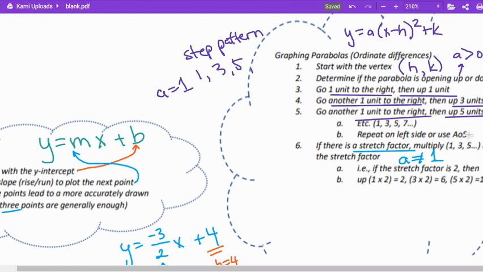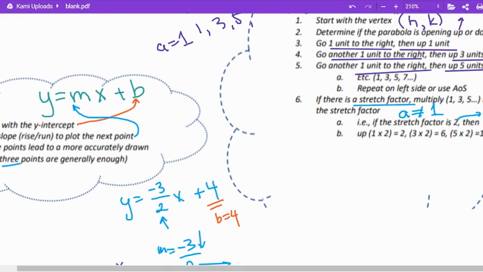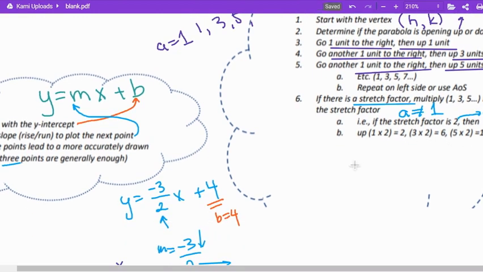Then you're going to multiply your steps by the stretch factor. So here's an example. If the stretch factor is 2, right, that tells us that a equals 2, then you multiply each step by 2. So I would write it like this: 1, 3, 5, times 2. So my steps are 2, 6, 10, etc.